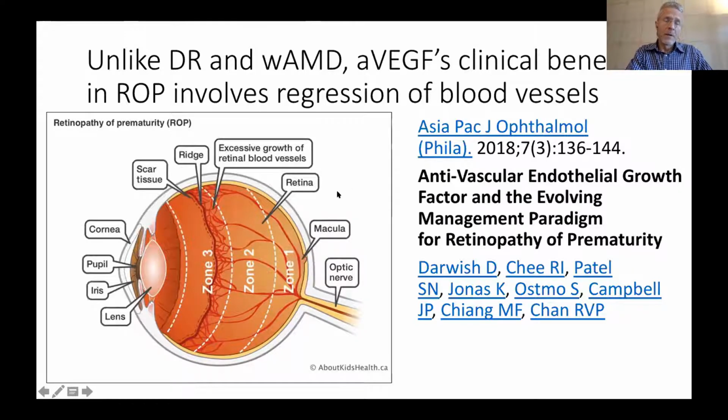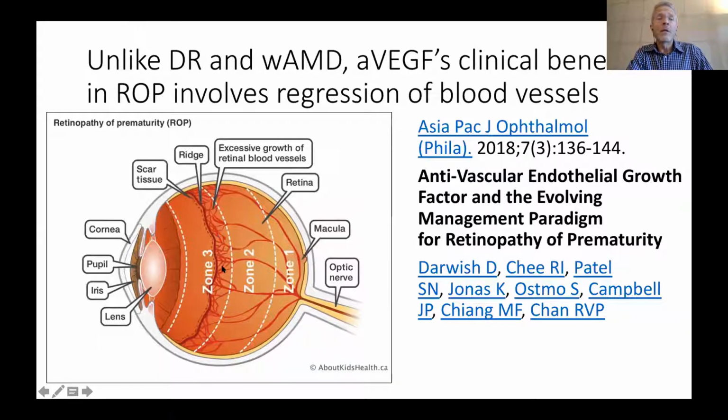In this disease, patients are born preterm and need to be exposed to high oxygen because their lungs aren't fully developed, and this causes overgrowth of the retinal vasculature, which again isn't developed fully because the baby hasn't come to term.